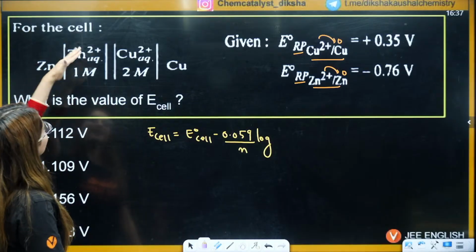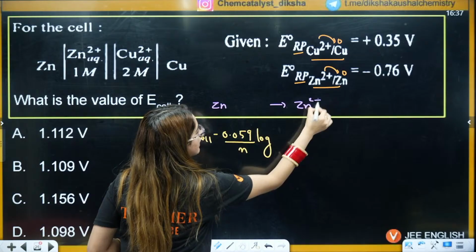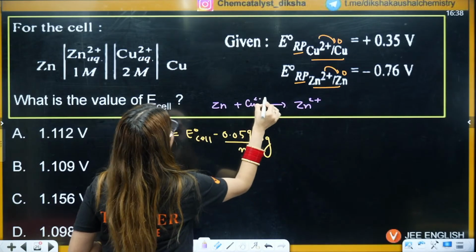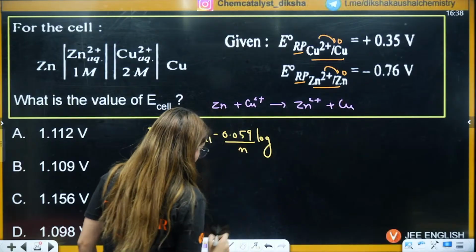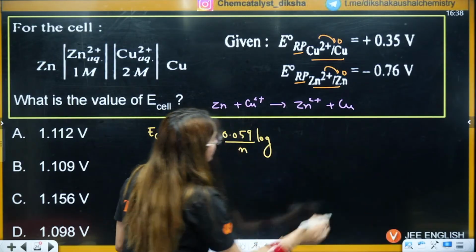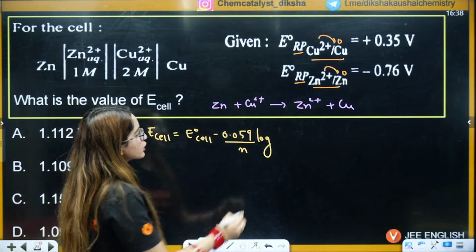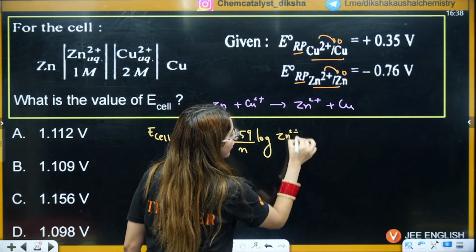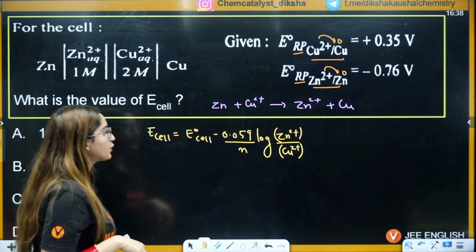So we know that Zn is getting converted to Zn2 positive, right? And copper 2 positive is getting converted to copper, right? So if you write product by reactants, the product is Zn2 positive, the reactant is Cu2 positive. So this will be Zn2 positive divided by Cu2 positive.